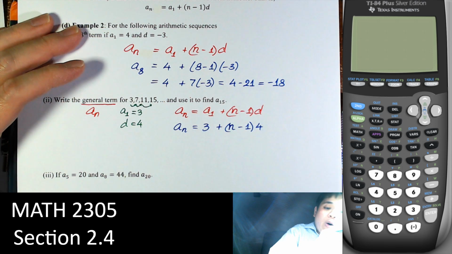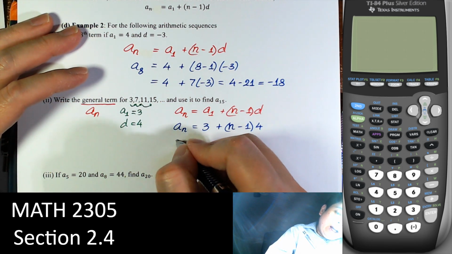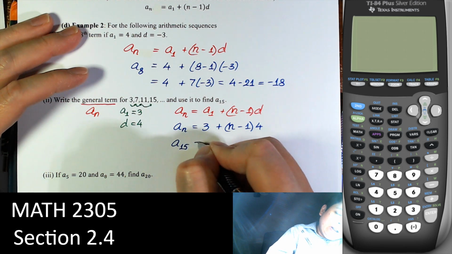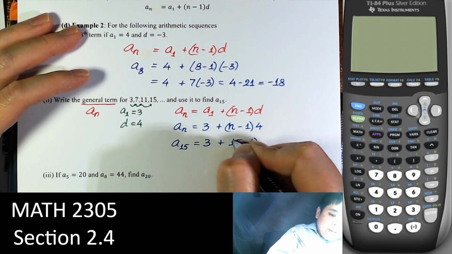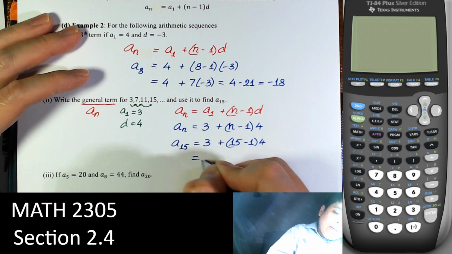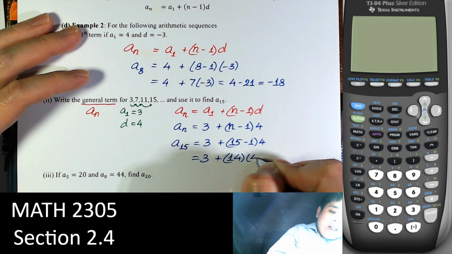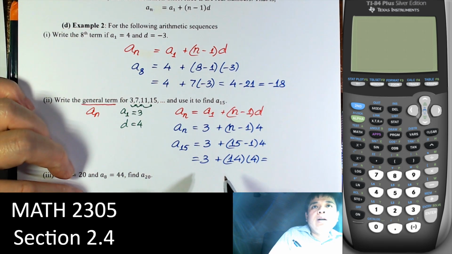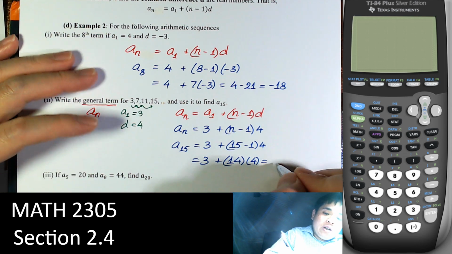So that is the formula for a sub n. Now if we want 15, just put 15 in for n. Three plus 14 times 4. 14 times 4 is 56. And 56 plus 3 is 59.